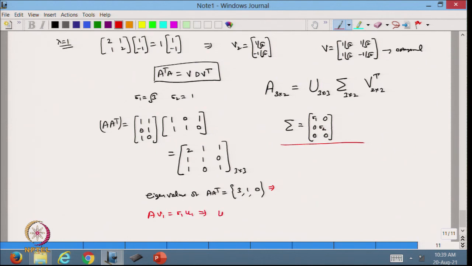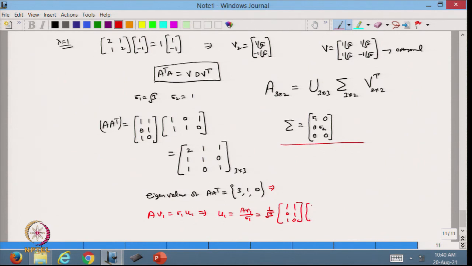So, from here I can find my u1 as A V1 divided by sigma 1. Sigma 1 is root 3 and this is my A, and I can put in my V1.